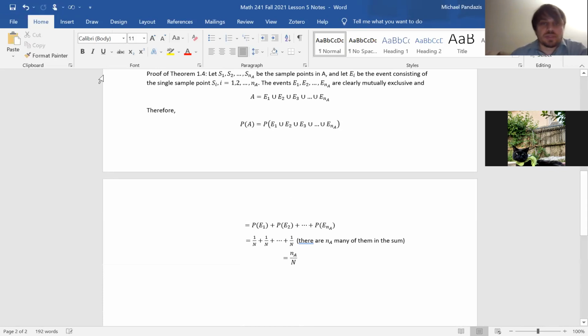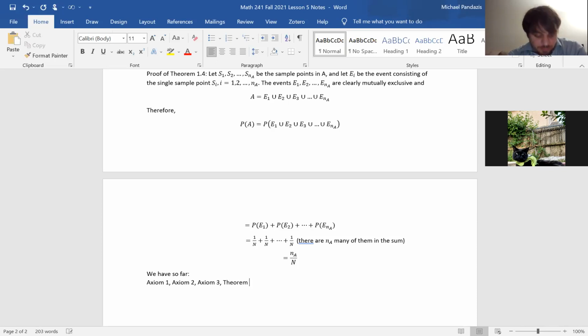Okay, so we now proved that. So basically we have so far axiom 1, axiom 2, axiom 3, and those were the axioms for a probability set function.